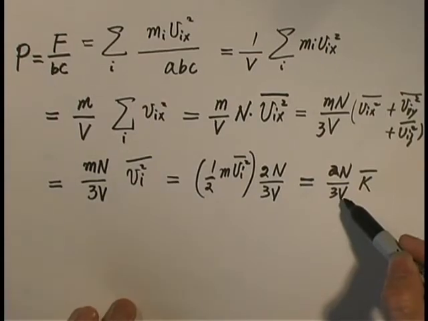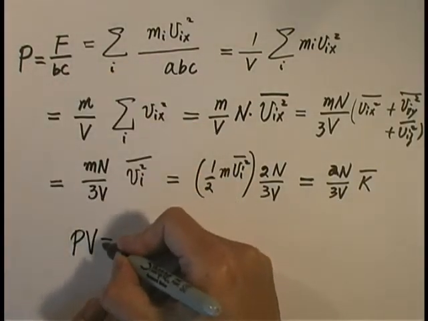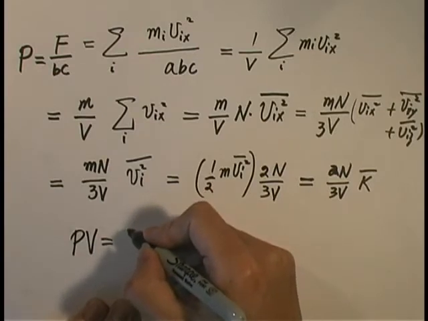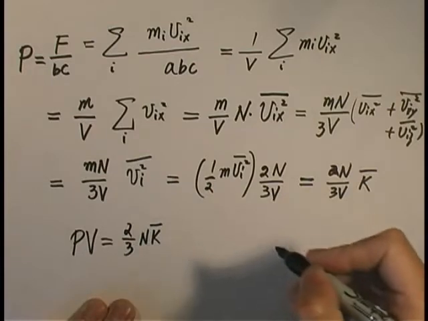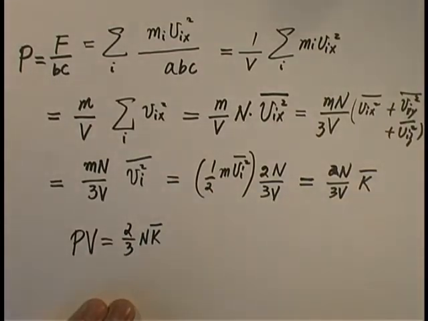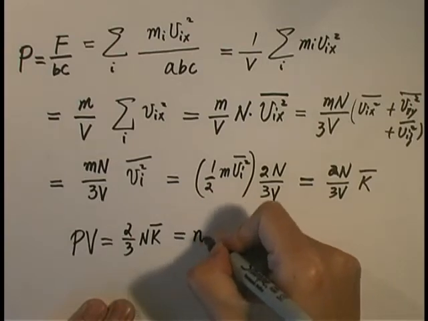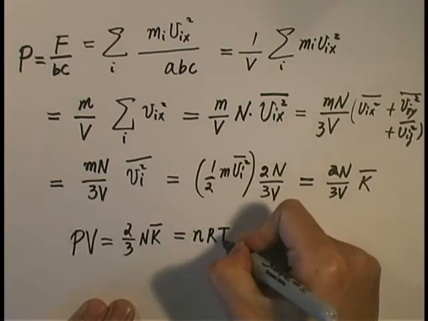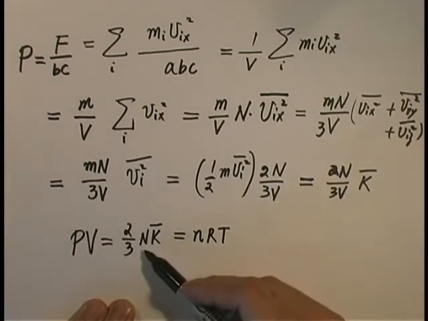I can move that V back over there so that I get PV equals 2 over 3 N K bar. But wait a minute, according to our previous discussion, PV equals nRT. What's n? n is the number of moles. This capital N is the total number of molecules.